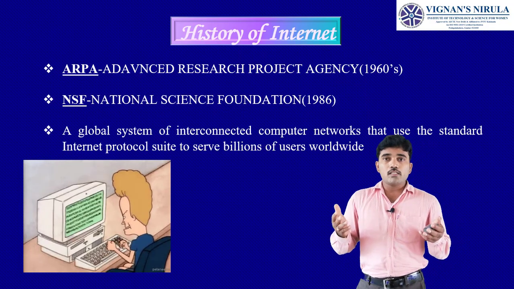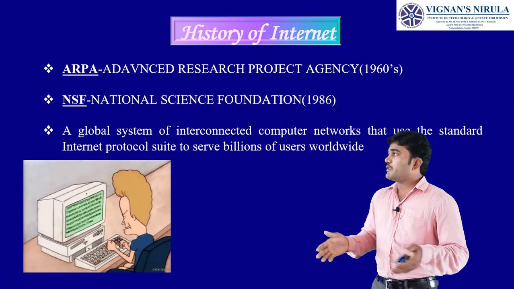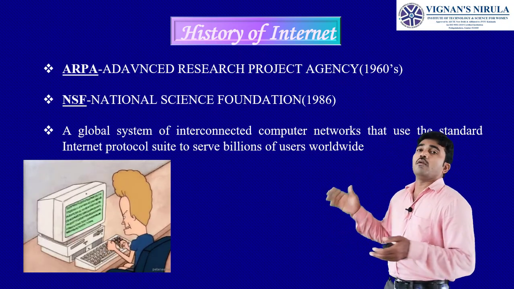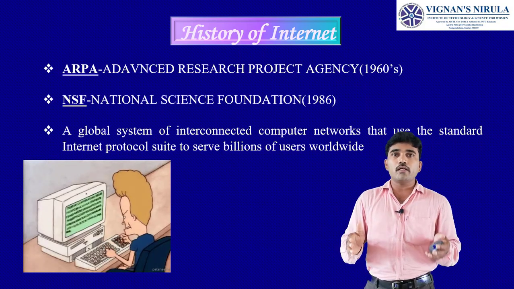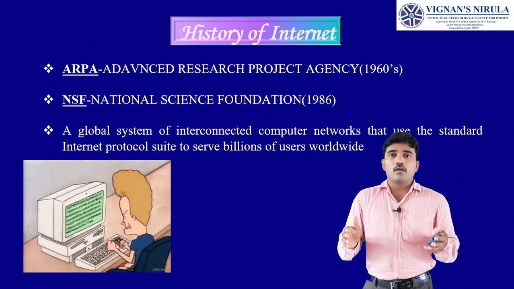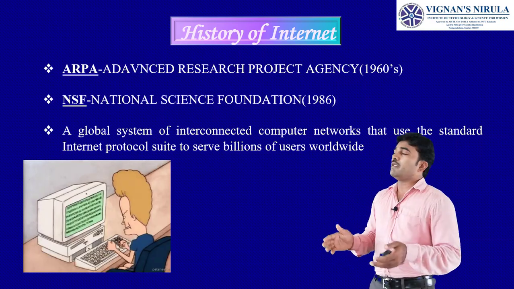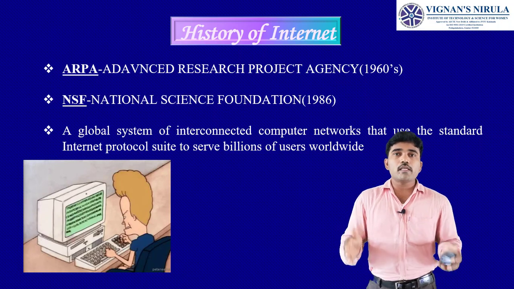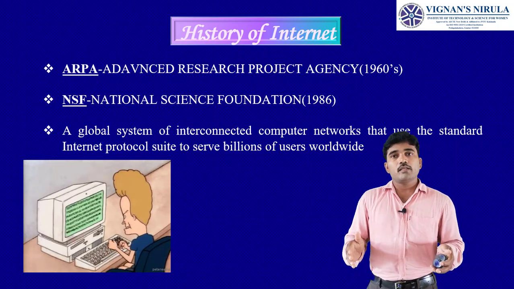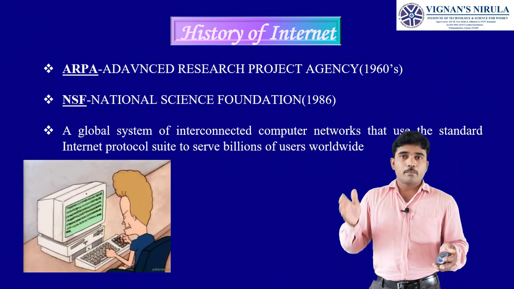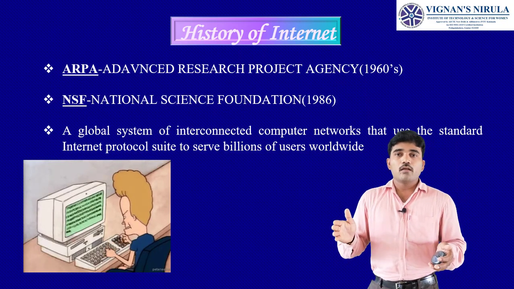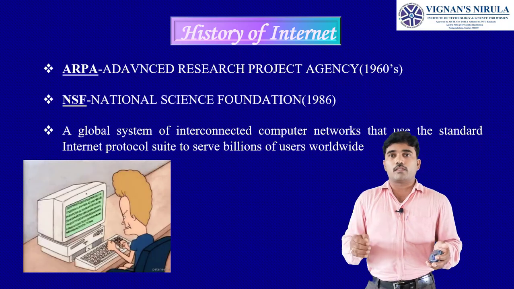The Internet is simply a global system of interconnected computer networks that uses the standard Internet protocol suite to serve billions of users around the world. Basically, the Internet is a network of networks consisting of millions of public, private, academic, and government computer networks.